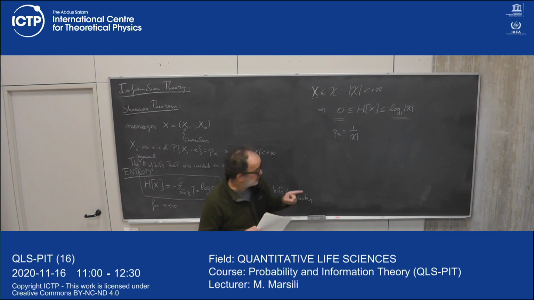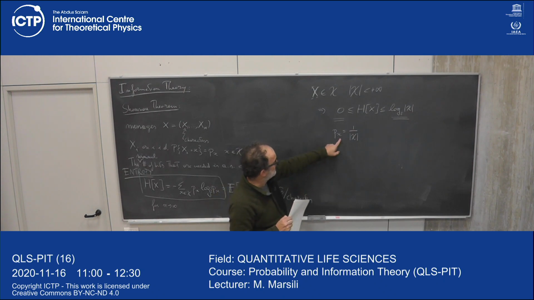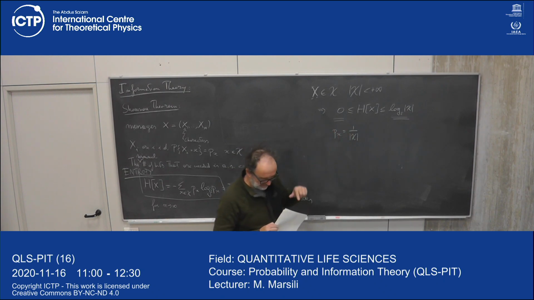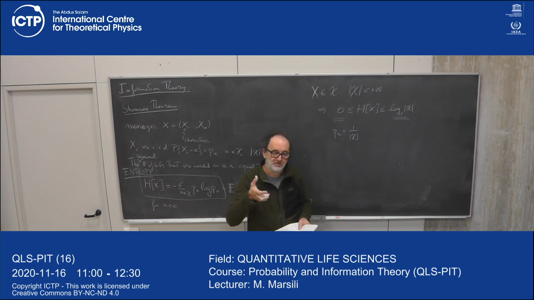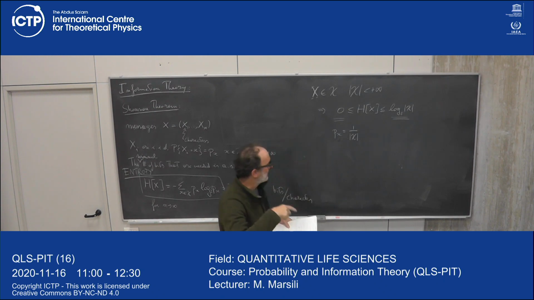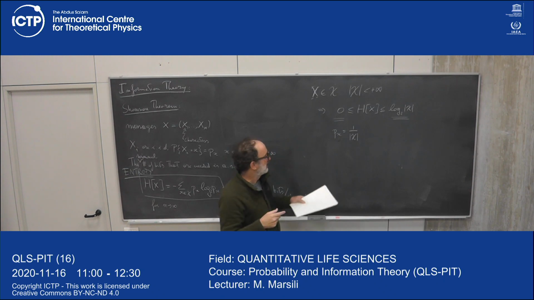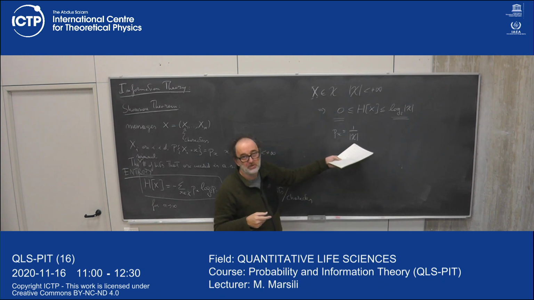And notice that this distribution encodes maximal ignorance, because if you make any permutation of the possible values of x, then the probability distribution remains unchanged because it's just constant.